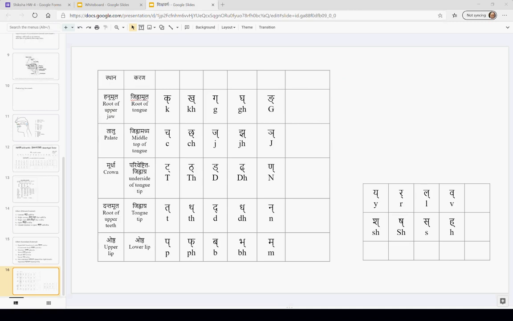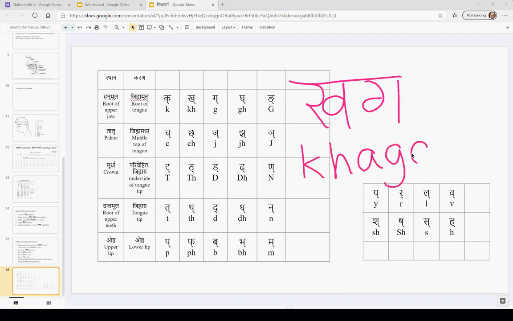Nice. And the next one is this one. Khaga. So there, yeah, good. The khaga means bird. Kha, this is important to pronounce because this is a Mahaprana, which requires more breath, which is like explosive, right?